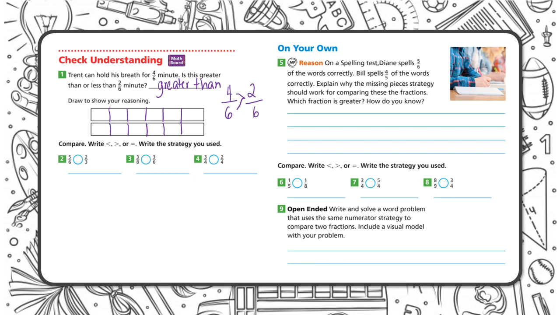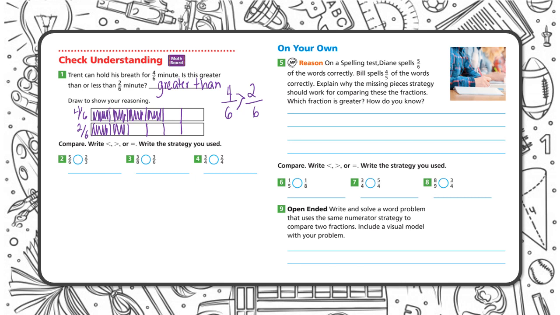Okay, and I'm going to make the first one 4/6, and I always label them, and 2/6. And I'm going to go ahead and shade 1, 2, 3, 4/6, and then 1, 2/6. And my fraction bars prove that 4/6 is greater than 2/6.